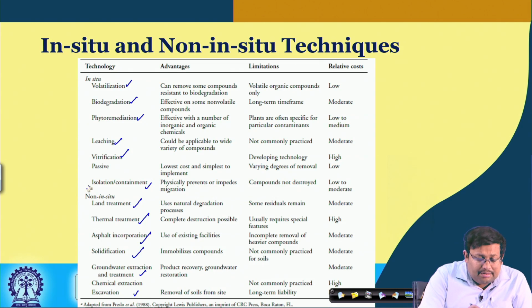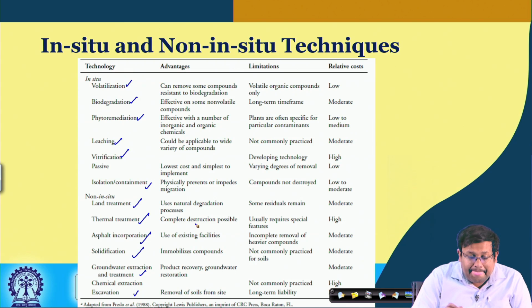If we summarize, the advantage of land treatment is basically the natural degradation process, and thermal treatment is very helpful because it ensures complete destruction of the contaminants.